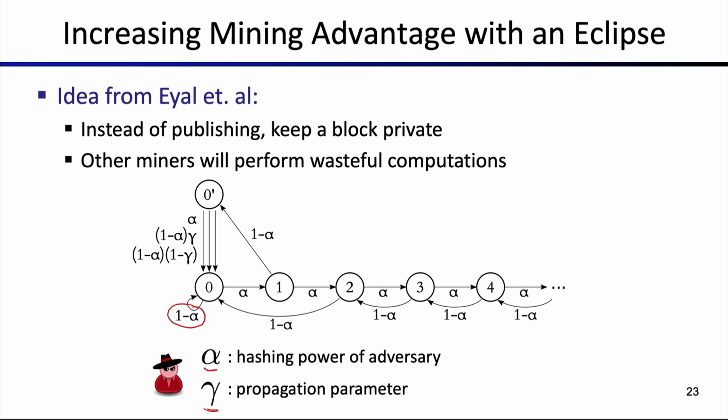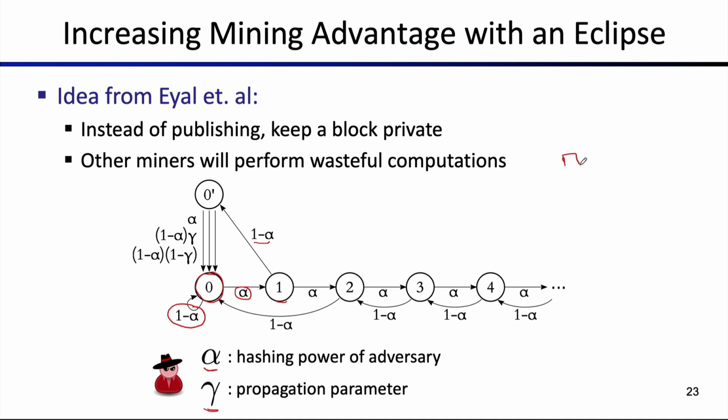This means that the adversary will have an advantage of 0 blocks over the honest network. However, if the adversary has a hashing power of alpha, then with probability alpha, he will mine 1 block, which is not yet public. That's a block that the miner will just keep to itself. It will be private in essence. And then there's a likelihood 1 minus alpha that the honest network will find a block, right?